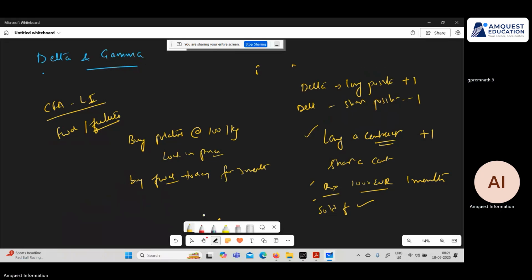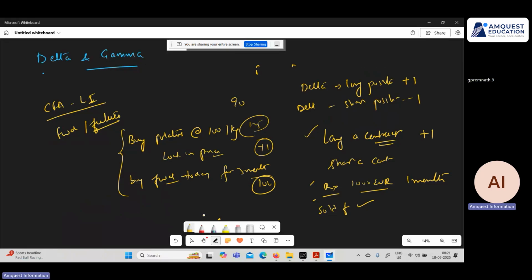Which means no matter what happens to the price, whether it is 90 or 125, you will end up buying at 100. So this is for a standard long position only, where the delta is +1. Just a long position.